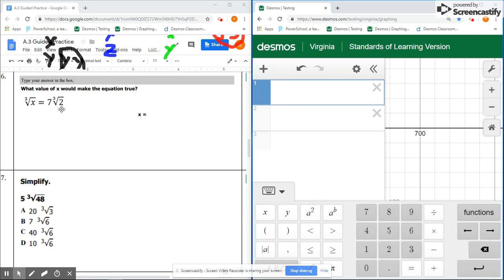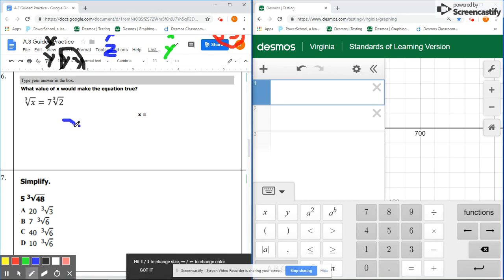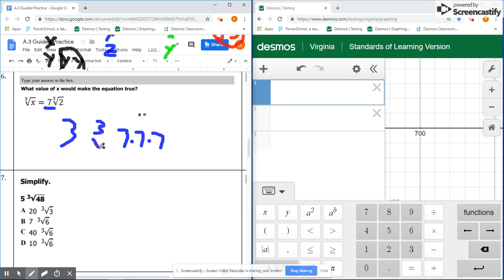This is a cube root, which means we would have had groups of 3. Groups of 3, all right? So in order for the 7 to be out front, that means there had to have been 3 7s on the inside of our cube root, okay? So since this is a cube root and there's a 7 outside, there had to have been 3 7s, a group of 3 on the inside.